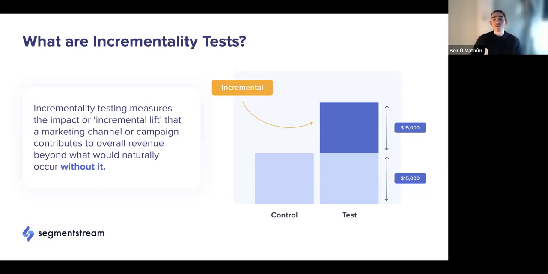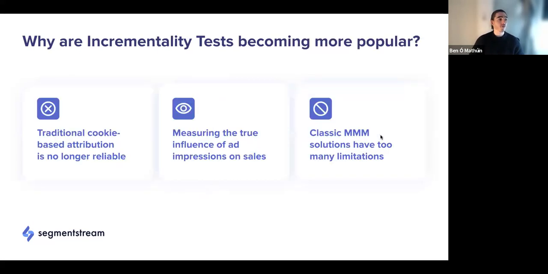This is an approach that has been used for some time, but of course we're seeing a rise of incrementality tests, and I'll speak in a moment as to why perhaps we're seeing that rise. On this slide here, we speak to that, right? I'm sure you're all aware that traditional cookie-based attribution, whether that be multi-touch or even the most sophisticated data-driven attribution models, are no longer reliable, particularly when we're investing across channels, so across search, social, display, video.